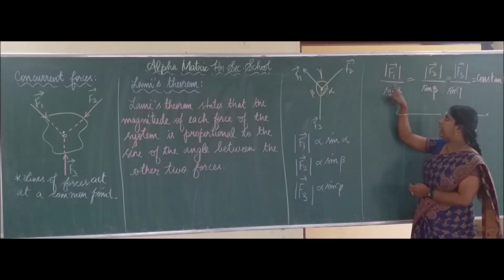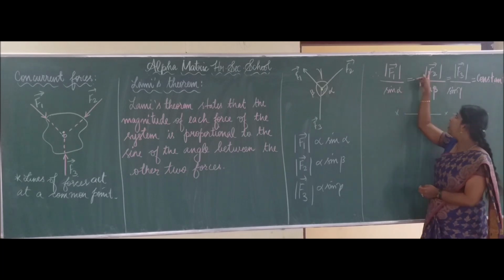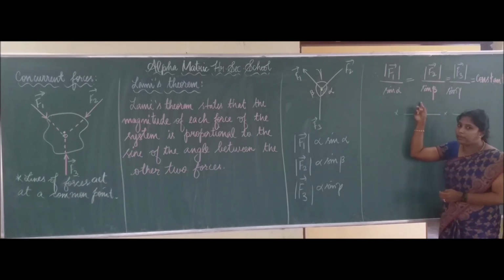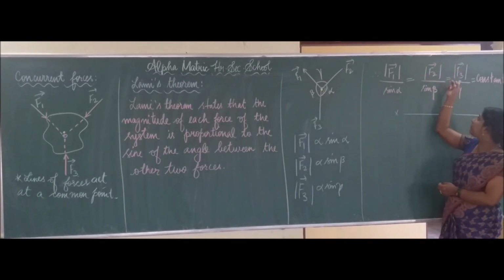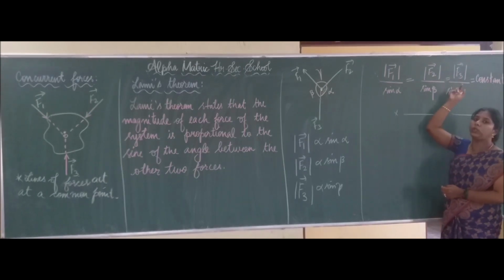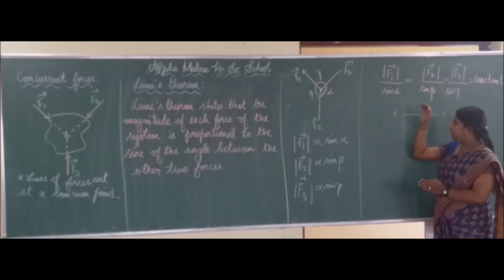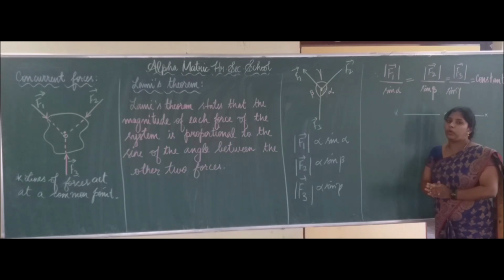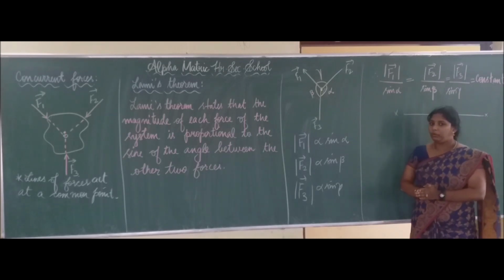Modulus of F1 vector by sin alpha equals modulus of F2 vector by sin beta equals modulus of F3 vector by sin gamma equals constant. This is a very important formula, Lami's theorem. Okay, that's it.